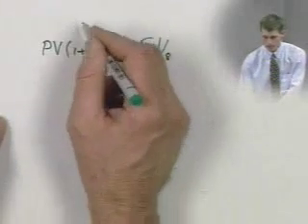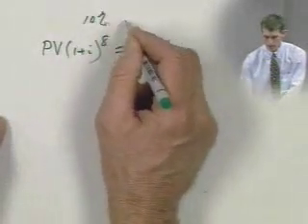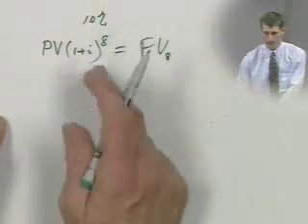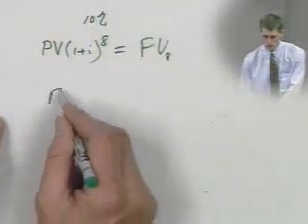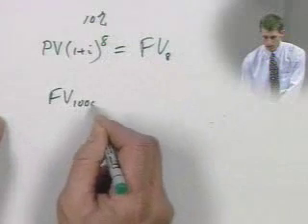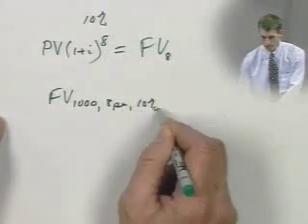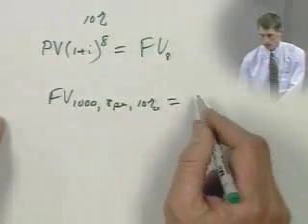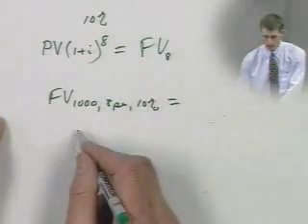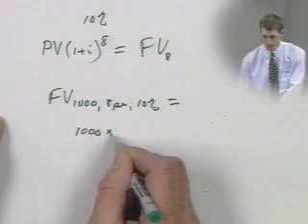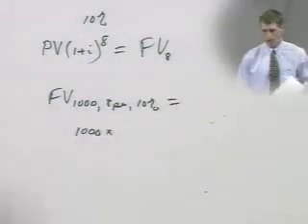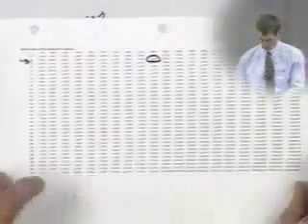So in this case, the interest rate is 10%. Number of periods is 8. So this would be the future value of $1,000 for 8 periods at 10%. That's equal to some number. So it's going to be 1,000 times 8 periods at 10%. And I'll walk through this with you one more time.